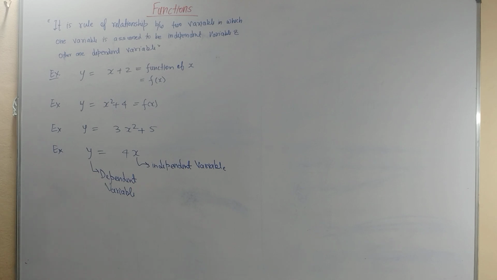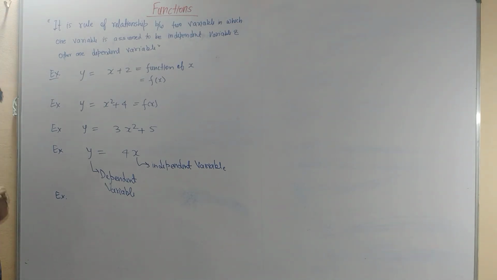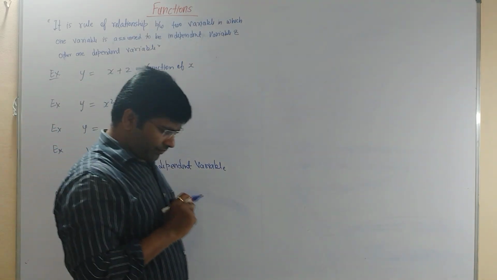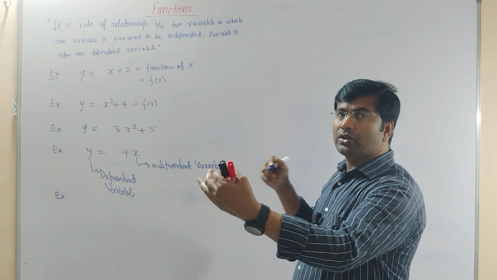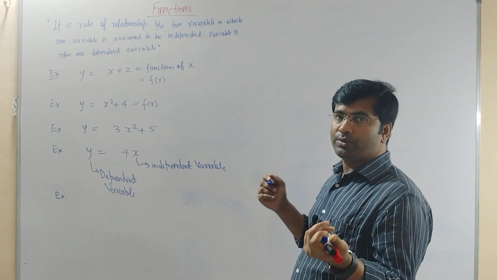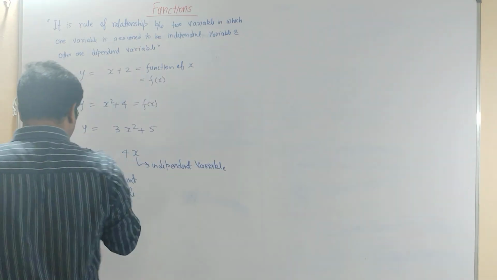Another example, let's say a particle is moving with constant velocity, 2 meters per second. So we can say that the displacement of the particle is a function of time. More time, more displacement. Less time, less displacement. So we can relate displacement with time.